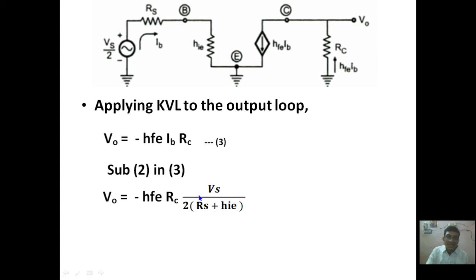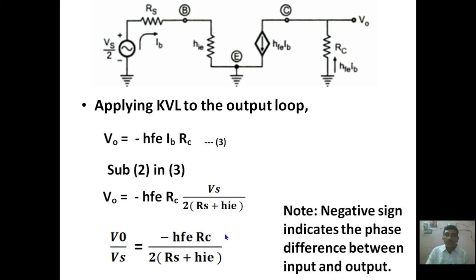Vs by 2 is the input voltage. If you take the Vs to the left hand side, it divides V0. Therefore, V0 by Vs is equal to minus HFE RC by 2 into RS plus HIE.